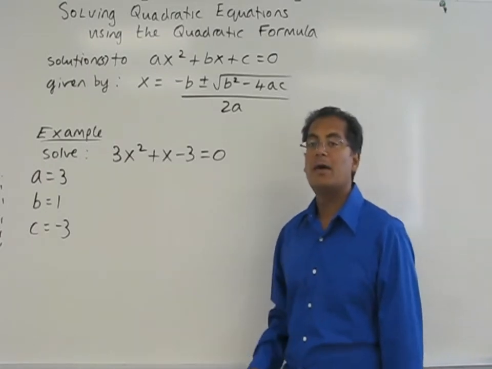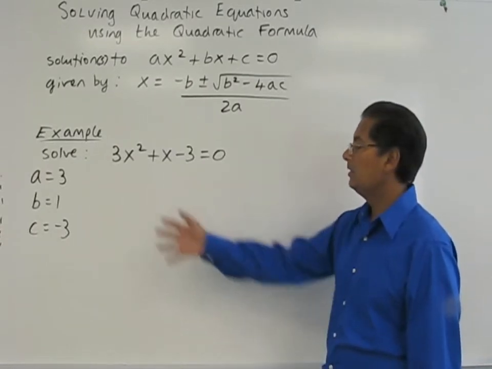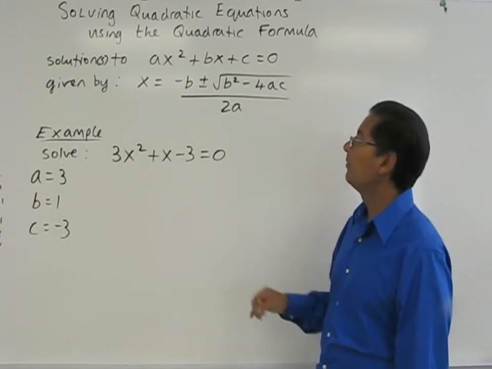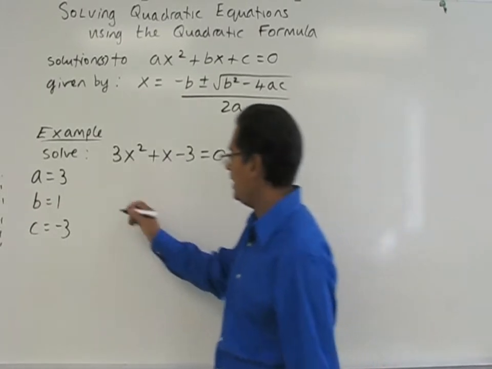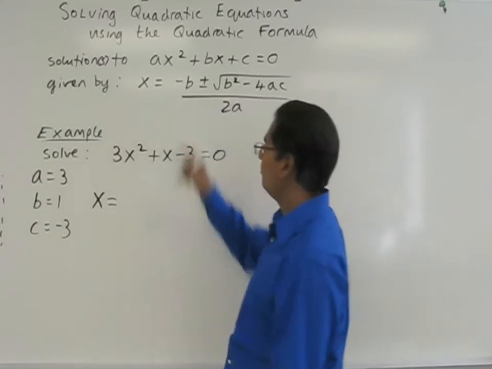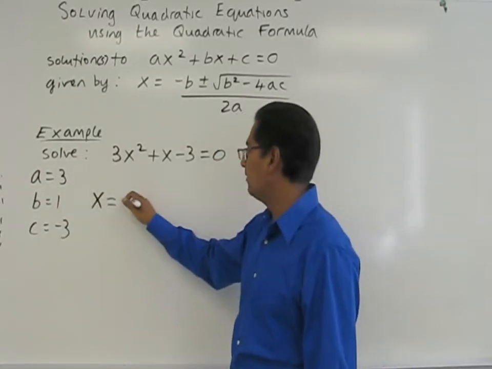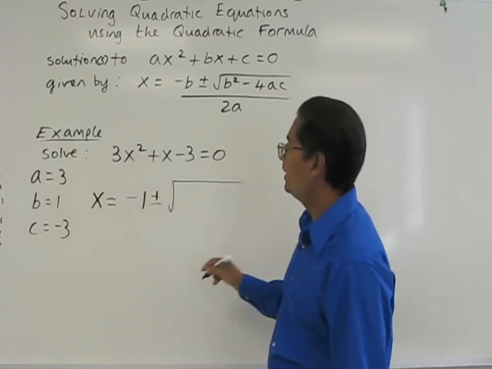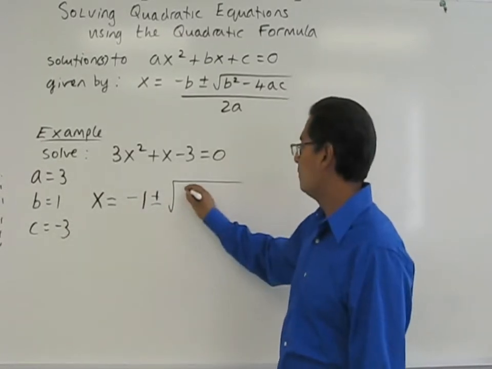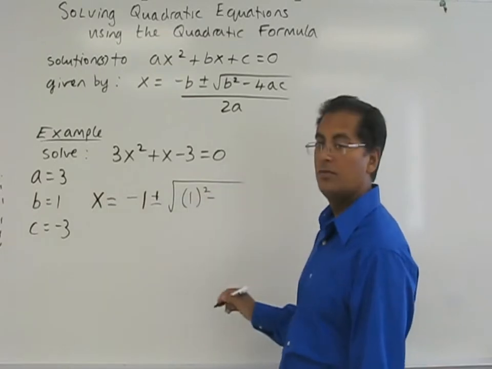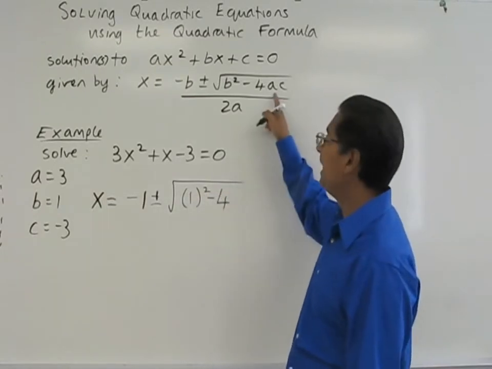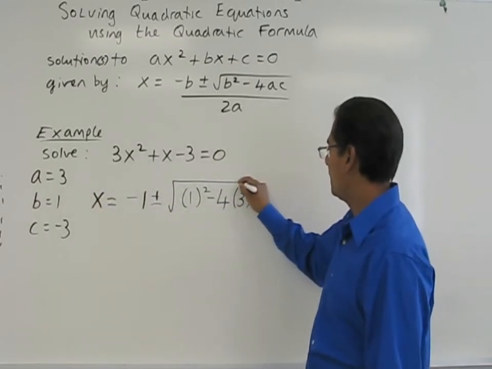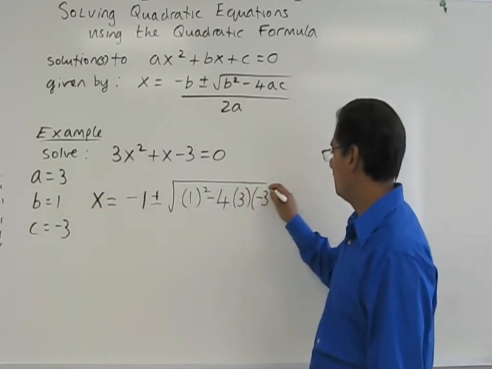The third step is to plug these numbers into the formula. So if we plug them into the formula, what we're going to have is x equal negative b, so negative 1, plus or minus the square root of b squared, 1 squared, minus 4 times a times c. 4 times 3 times c, c is negative 3.